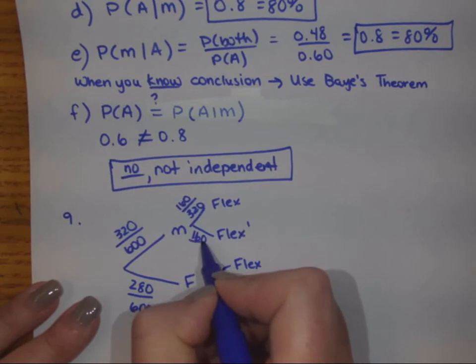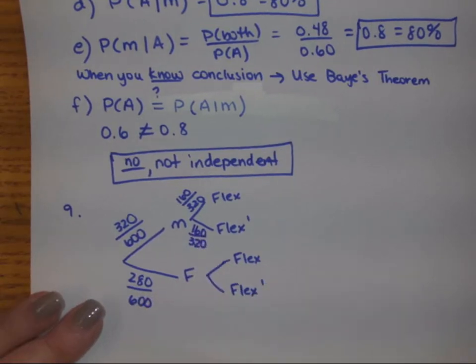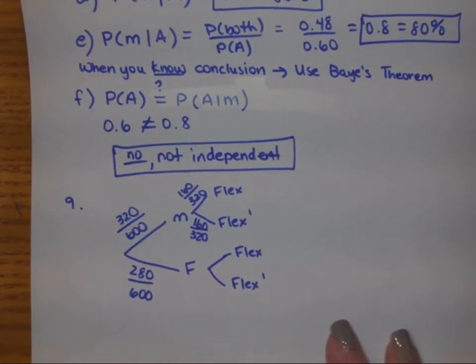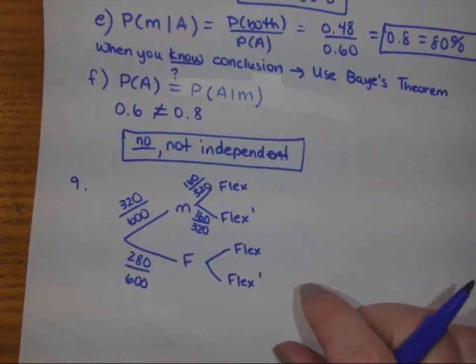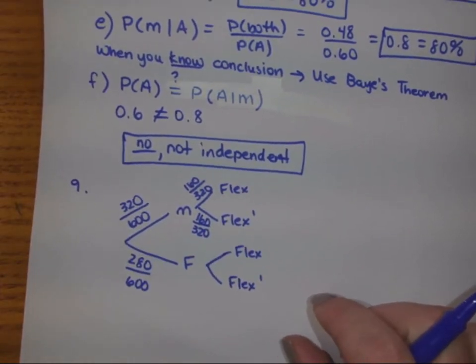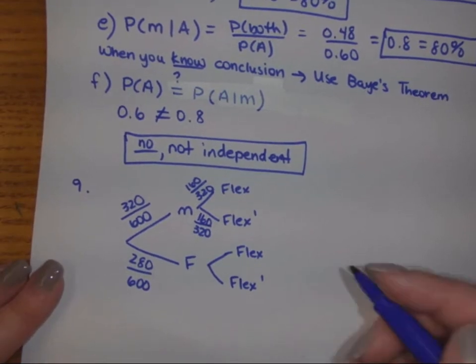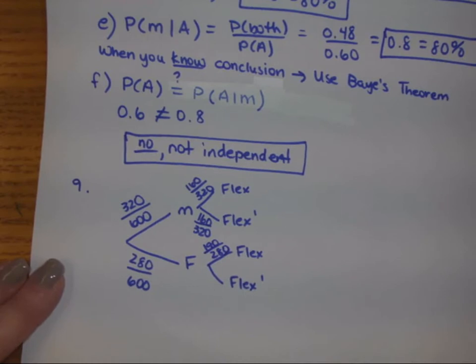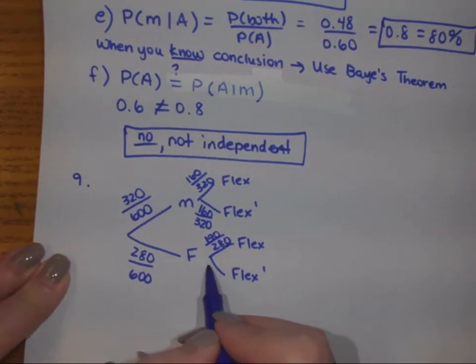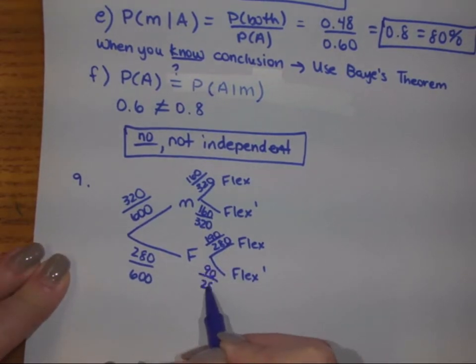So this one actually comes out to be the same. Now, you could definitely reduce these fractions. For instance, these both reduce to 1/2, okay? But I'm just going to leave them as they are because you don't have to reduce them to make this work, so I'm not going to do it. And then 190 of the 280 women are on the flex schedule. And then if you subtract those, that means 90 are not.